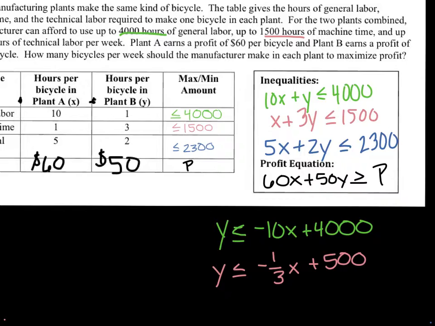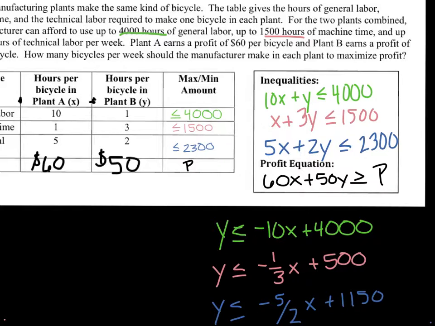So we get negative 5/2 x, and 2300 divided by 2 is 1150. So those are going to be our 3 inequalities for us to graph.